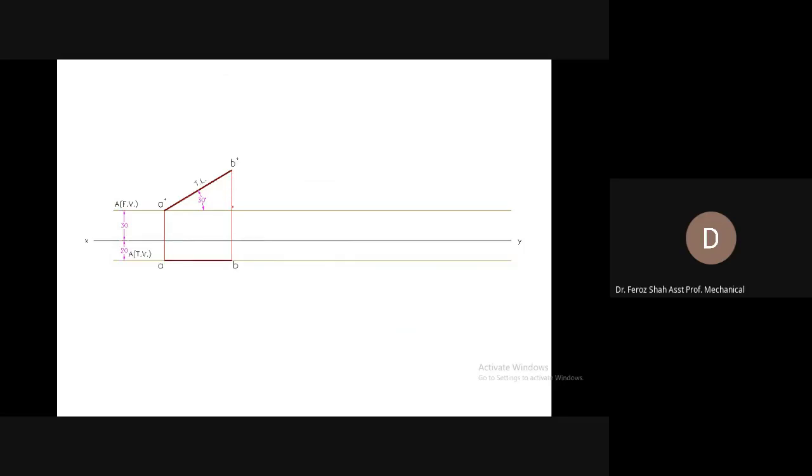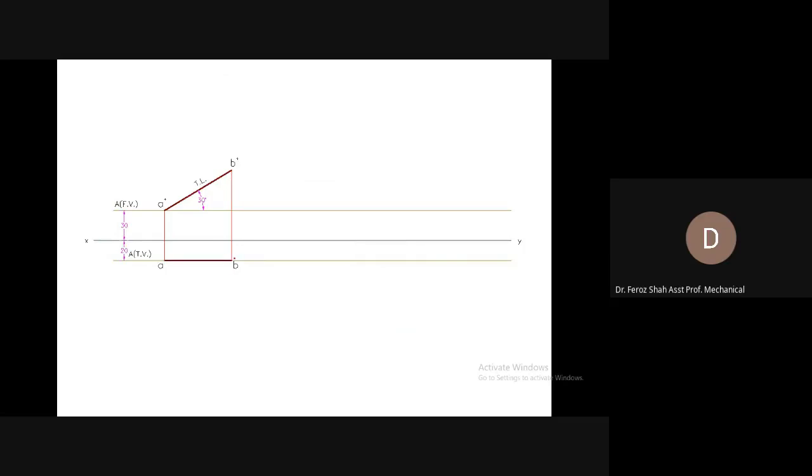As in the first instance we have assumed the line to be inclined to the horizontal plane only and parallel to the vertical plane, the top view will also be parallel to the XY reference line.